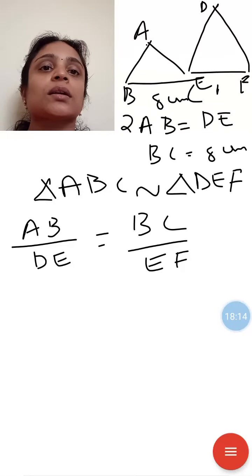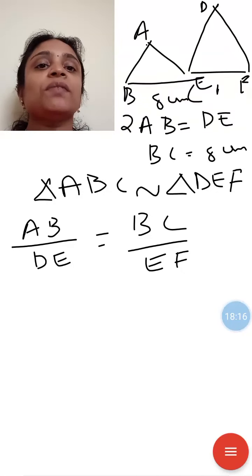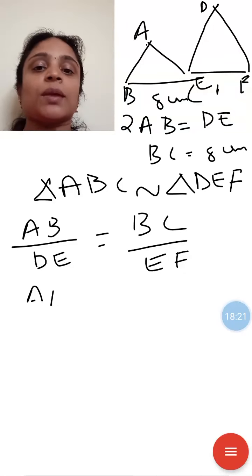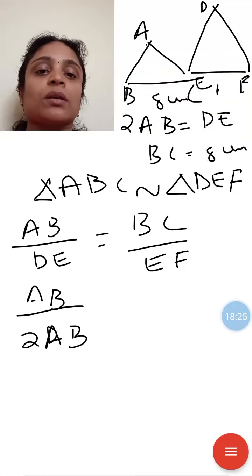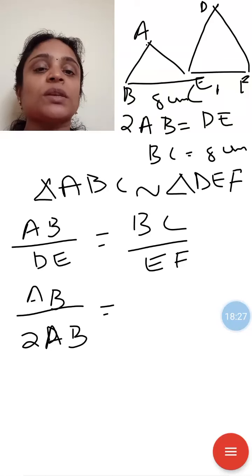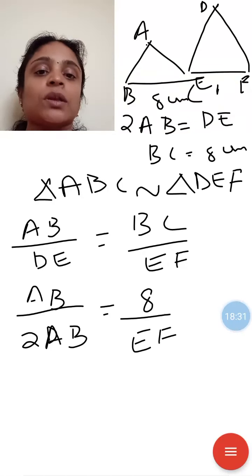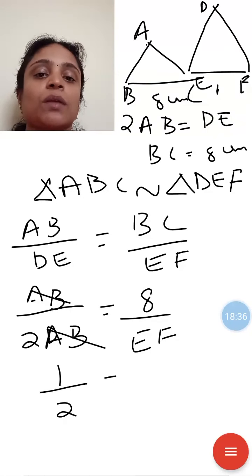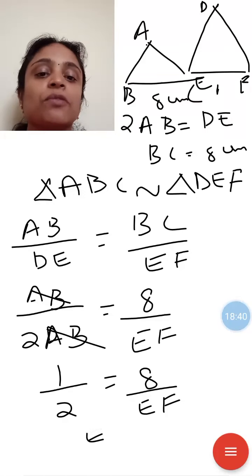And given that 2AB equal to DE, so we can write AB by 2AB equal to BC, what is BC? 8, 8 by EF. So AB and AB cancels. You will get 1 by 2 equal to 8 by EF. So EF equal to 16 centimeter, which is the answer.